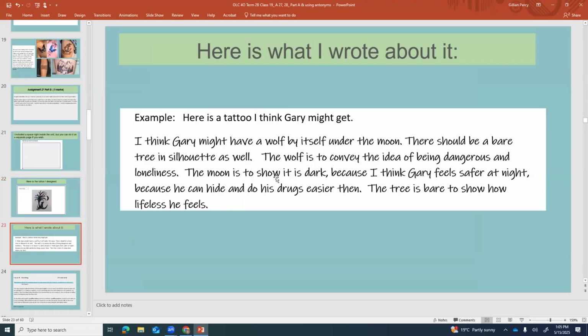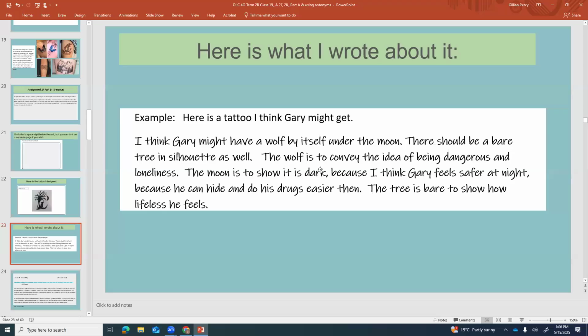So now I'm going to explain what they are and why I think they are relevant to that person. I'm going to do it about Gary because Gary isn't one of the options, so I don't kind of give away answers here. I think Gary might have a wolf by itself under the moon, and there should be a bare tree in silhouette as well. The wolf is to convey the idea of being dangerous and loneliness.